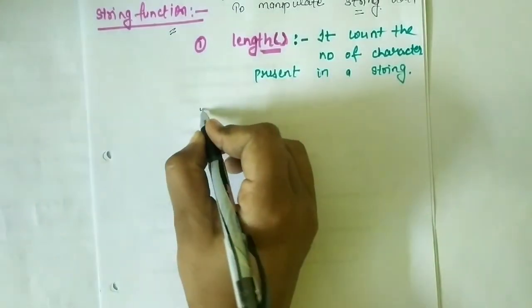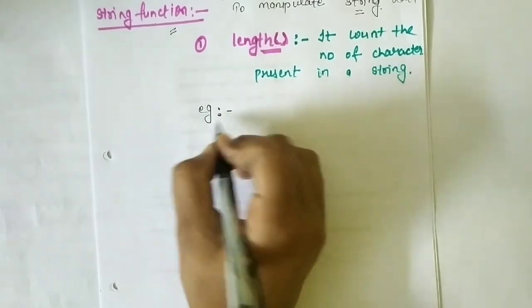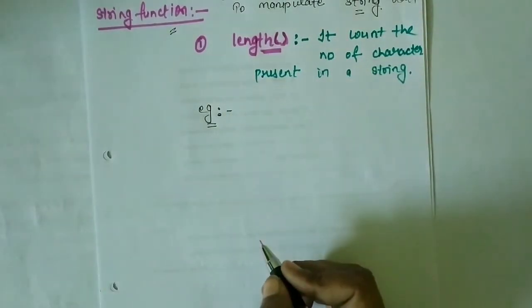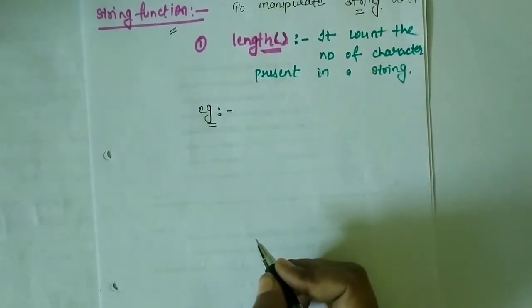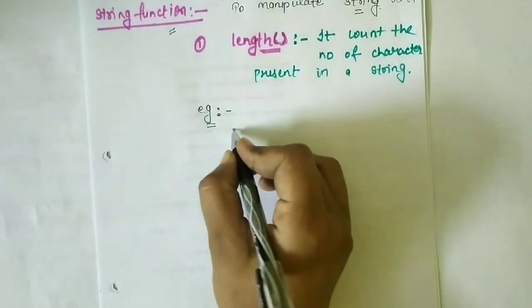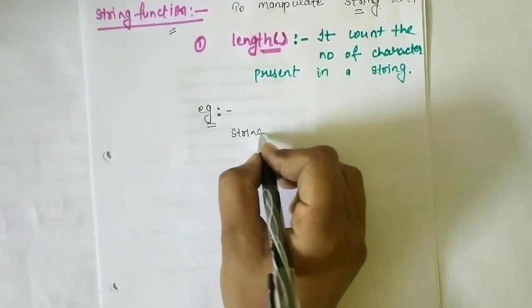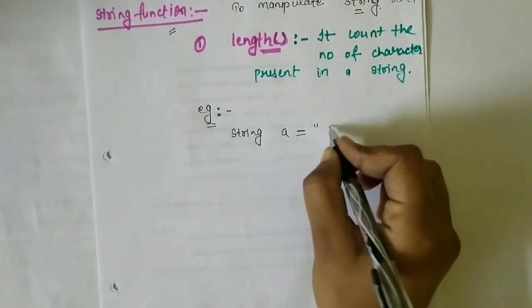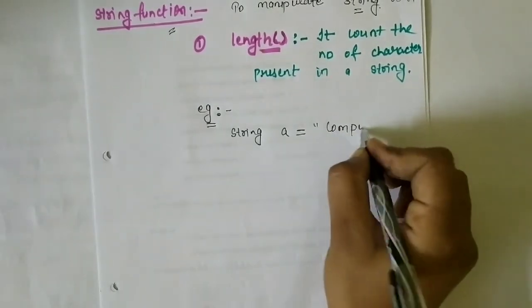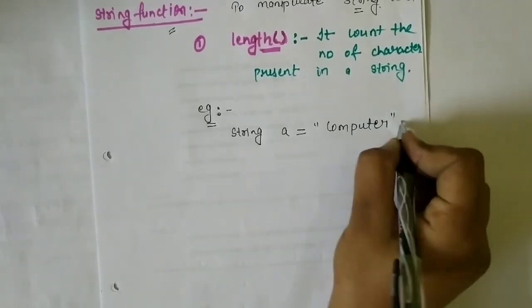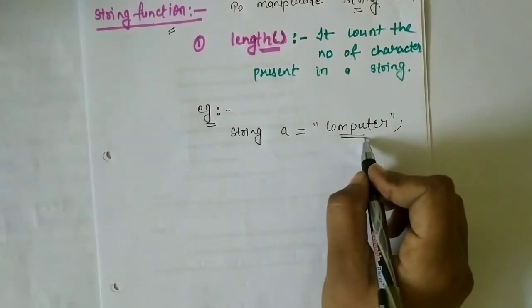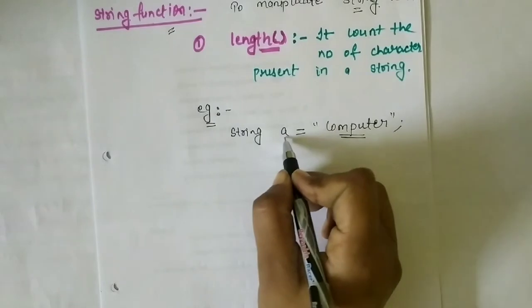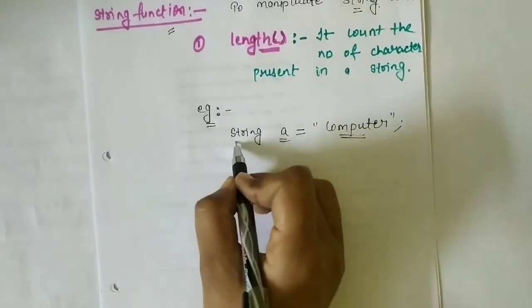So let's understand with an example. What is the example of the length function? Suppose here we are assigning a string value to a variable a. Suppose the value is computer, and a is a string type variable.